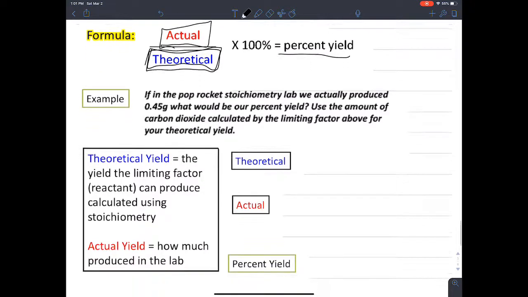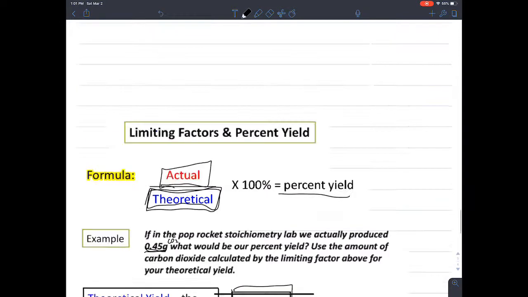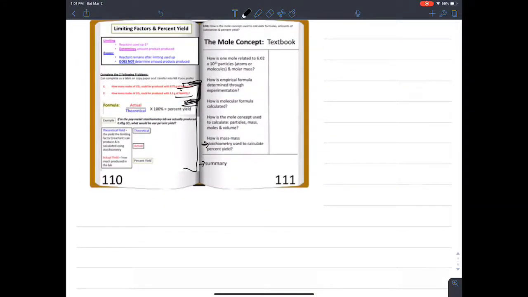Okay, in this example, it's saying we actually produced 0.45 grams of CO2. That is our actual yield right here. That's what we actually got. The theoretical yield is going to be the yield in grams that you calculated up here for the limiting factor.